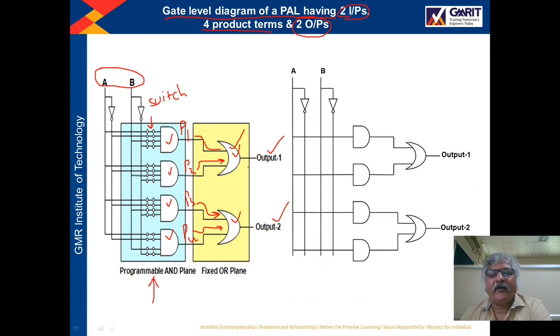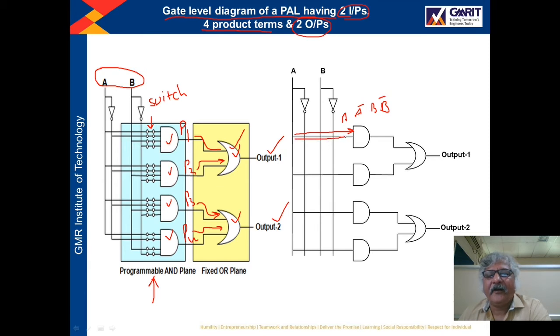So this is the simplified diagram. This single line here, at the input of the AND gate, indicates that the inputs to this AND gate are A, A bar, B and B bar through switches.